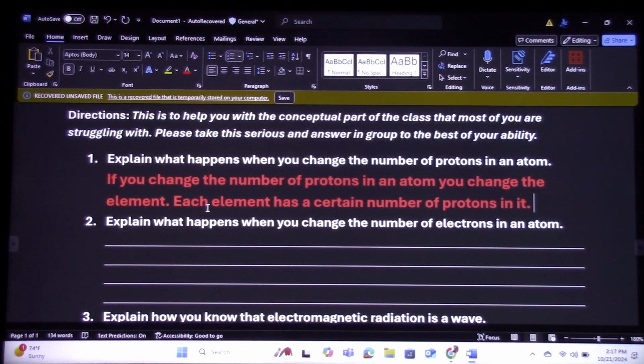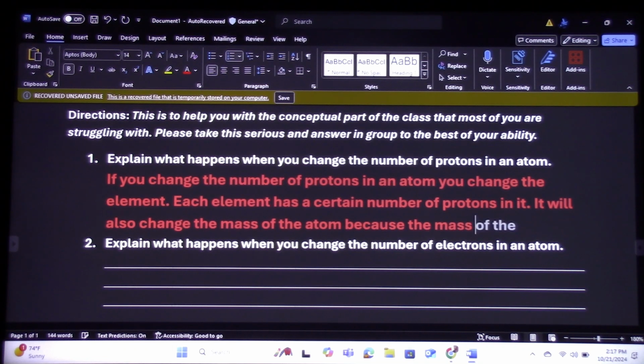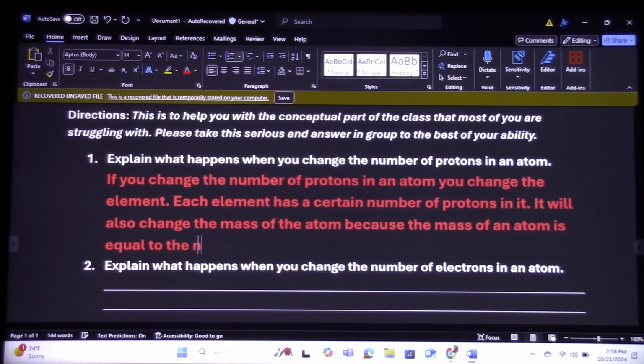But that's not the only thing it'll do. It will also change the mass of the atom, because the mass of an atom is equal to the number of protons and the number of neutrons.